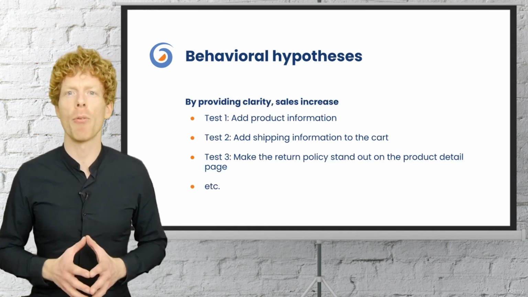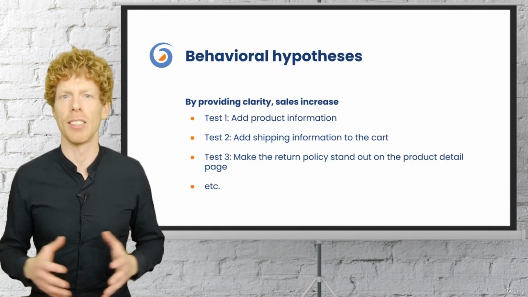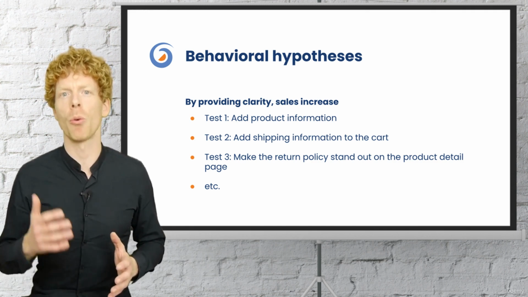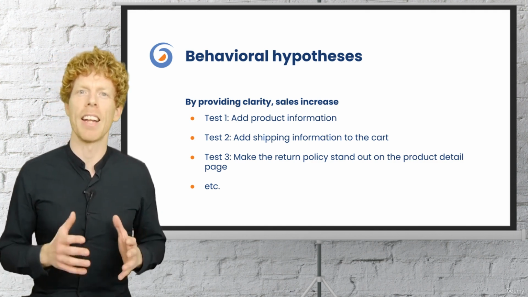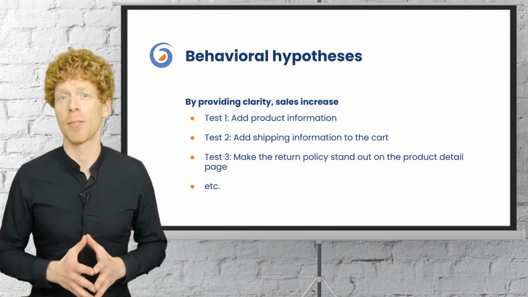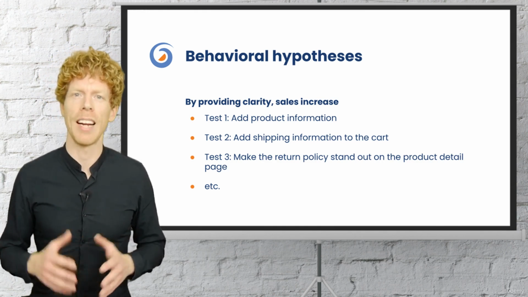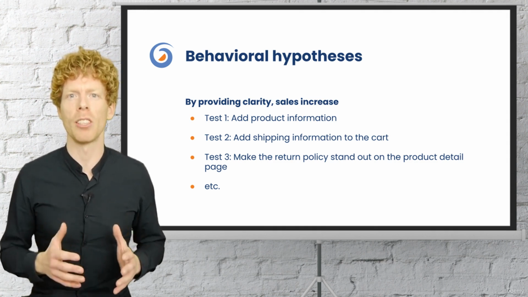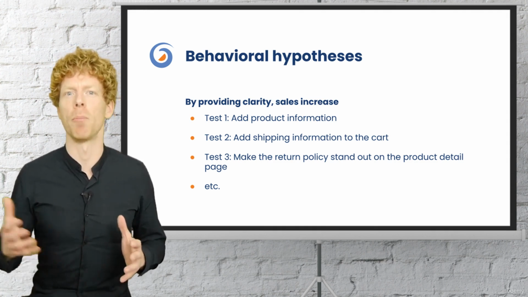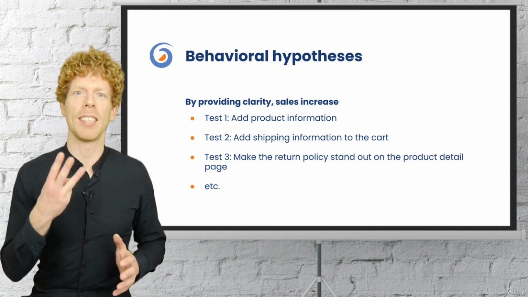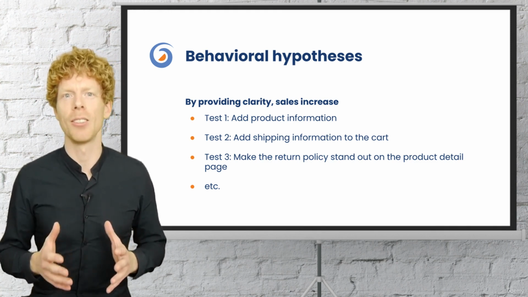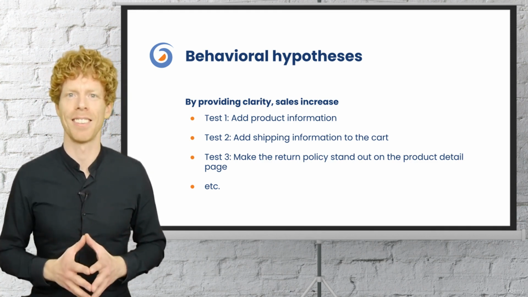For instance, for our behavioral hypothesis related to the need for clarity, we could come up with several related A/B tests, like adding product information in one A/B test. In another A/B test, we can add shipping information to the cart. And in another, we can make the return policy stand out on the product detail page. These 3 test ideas all relate to the need for clarity.